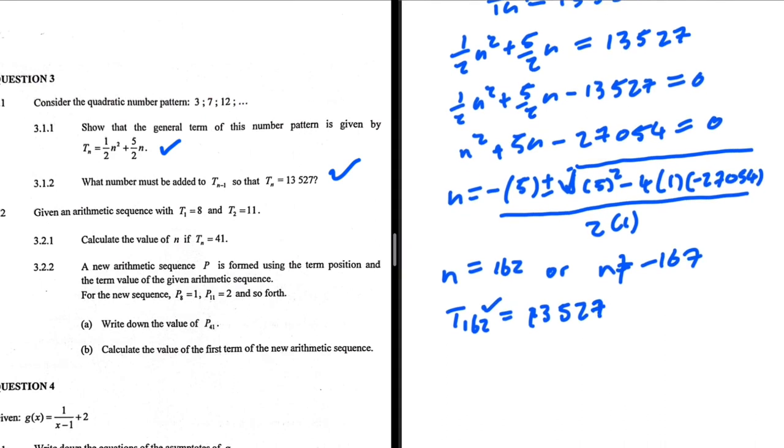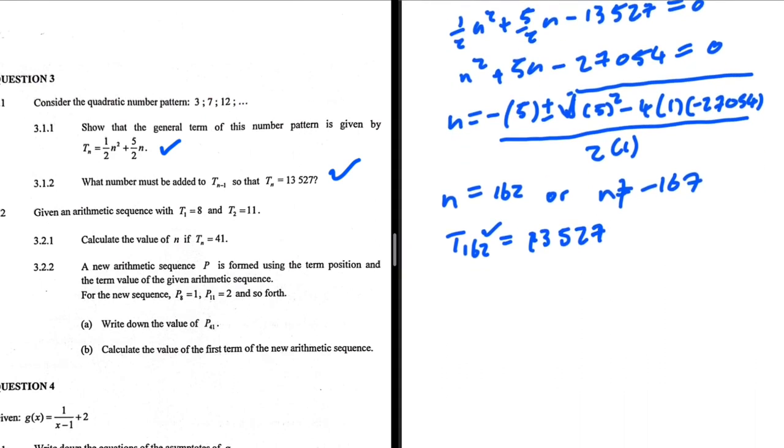But I'm not quite sure that's what the question wants me to find. Let me just calculate T161, because T161 is actually tn minus 1, because now we know that n is 162. So I'm just replacing 162 with 161. Let me do that and see what I get. I'm getting 13,363.